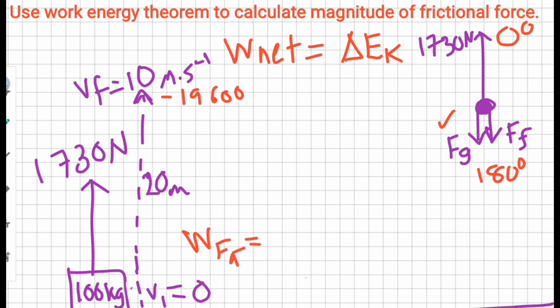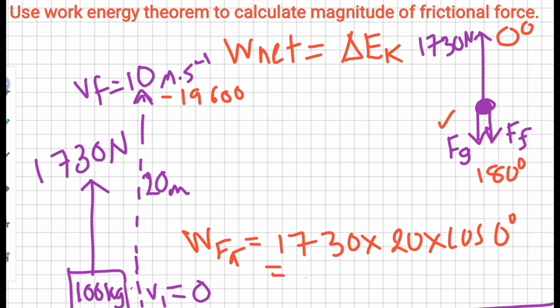It's going in the 0-degree direction, so it's F times 20 times cos of 0. So the work done by the force that is pulling is actually 34,600.